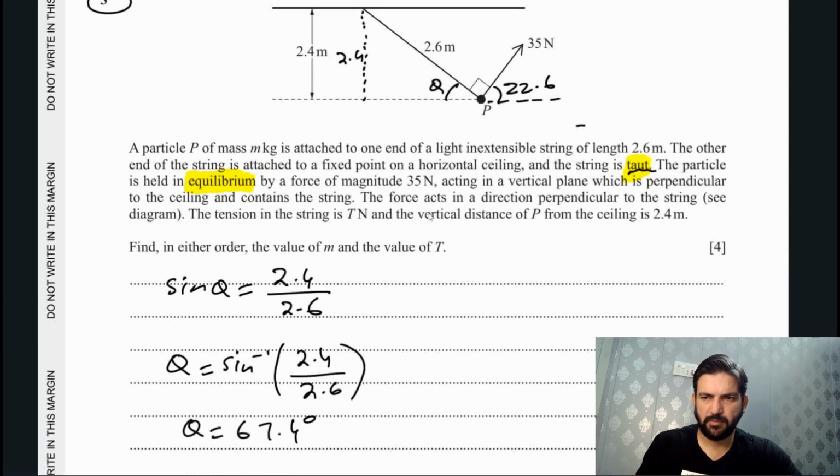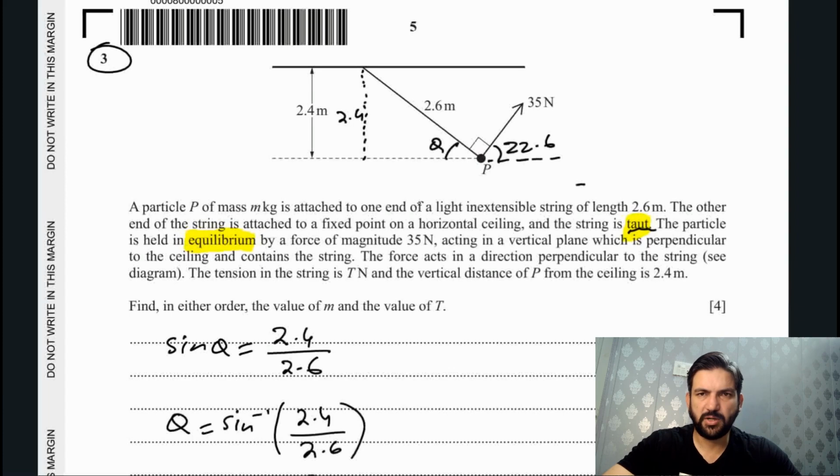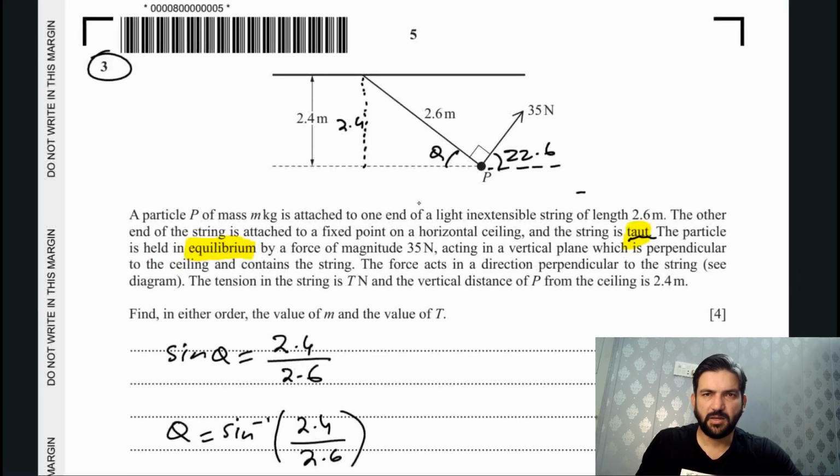So how can we resolve the forces into their components? Now the particle of mass, we need to see the tension as well. There is a tension in the rope, so we have to see that there is a tension in this string.